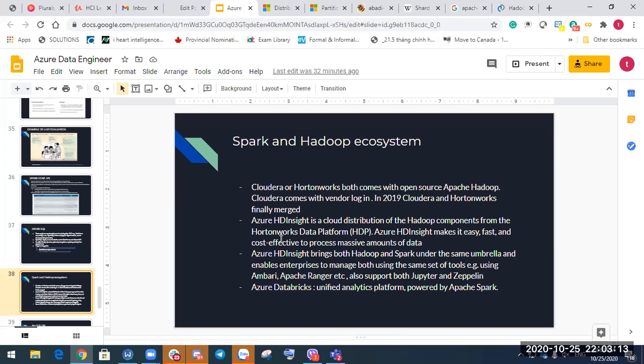So it makes it an easy, fast, and cost-effective way to process large amounts of data without leaving the environment that you are already comfortable with.